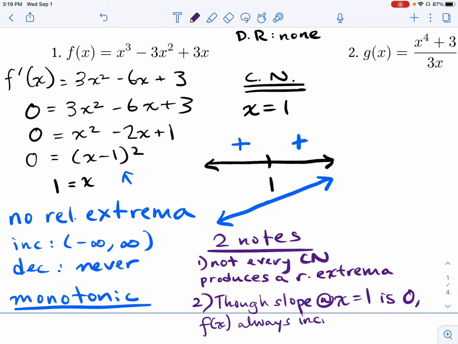So it's kind of a continuation of the first point. Just because you have a horizontal tangent line at a specific point does not guarantee that there will then be a change in behavior. Okay, so I think this is a great problem to highlight these two important notes and things to keep in mind as you're finding extrema.